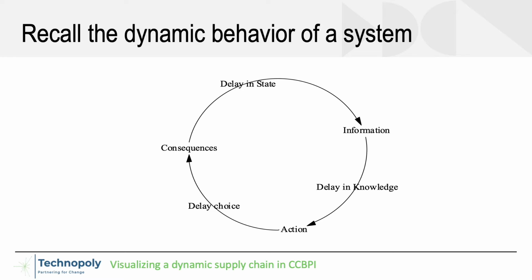A system would demonstrate a behavior wherein it is influenced by a series of action, consequences, and information, and leading into a series of adjustments where we call the system being a dynamic system. And because of this dynamic behavior, we now connect or associate this behavior to a feedback mechanism.